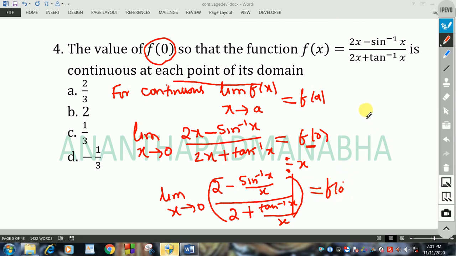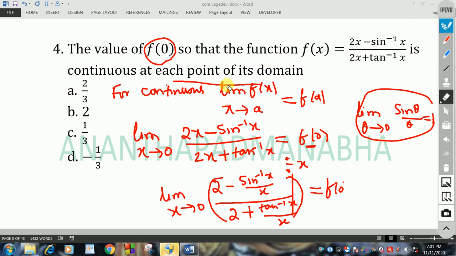You can recall what we learnt in first PU: limit as theta tends to 0 of sin theta by theta is equal to 1. Similarly, for inverse trigonometric functions, sin inverse of x by x as x tends to 0 is 1, and tan inverse of x by x as x tends to 0 is also equal to 1.